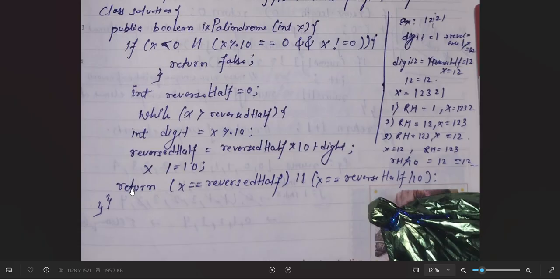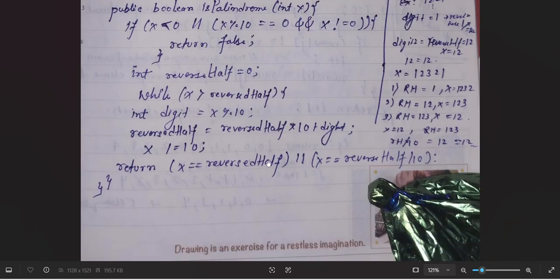At the end we return whether x equals the reverse half; if so, it will give true. If either of the two conditions is true, it will give true.